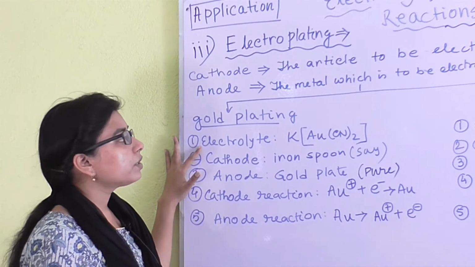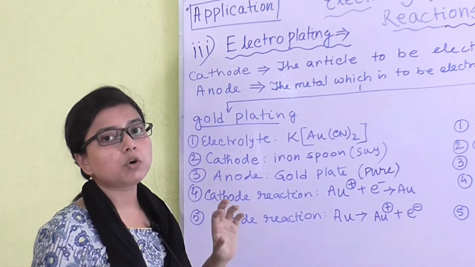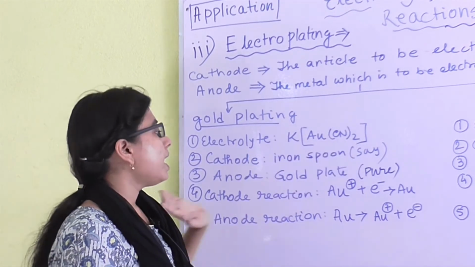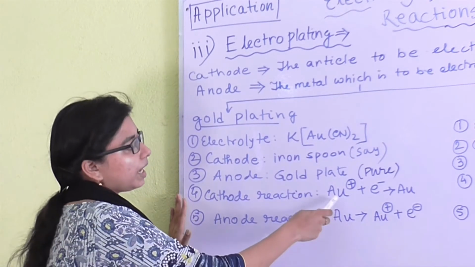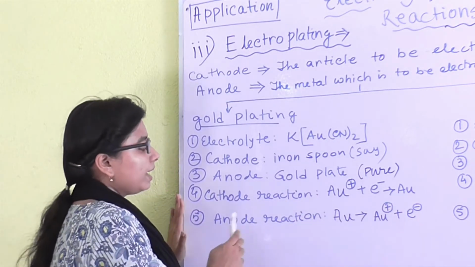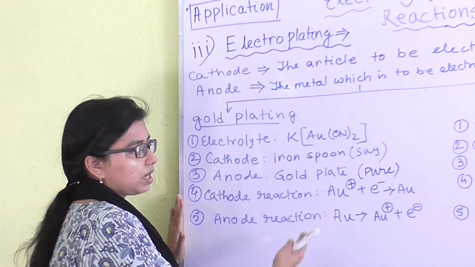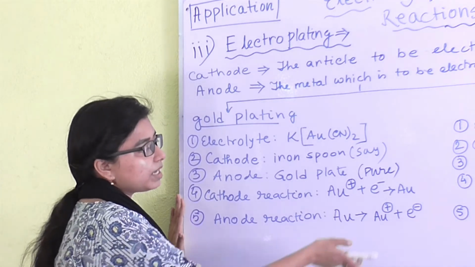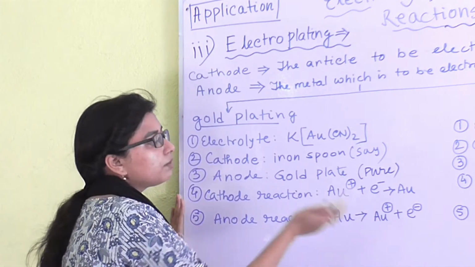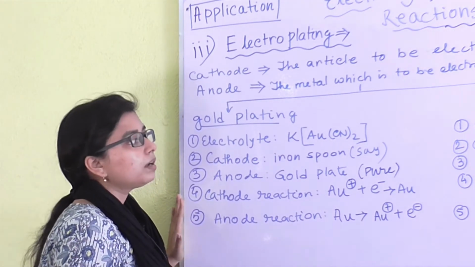Okay, and the electrolyte would be the potassium aurocyanide solution, that is KAu(CN)2, and the cathode reaction will be Au+ accepting one electron and forming aurum metal, and at the anode, as we know, oxidation will take place, so this aurum metal will release one electron forming Au+ ion.